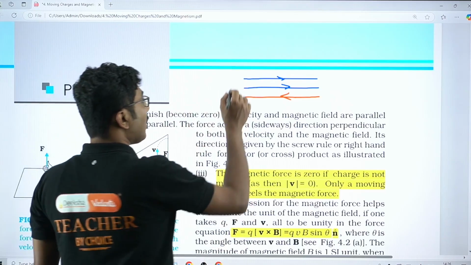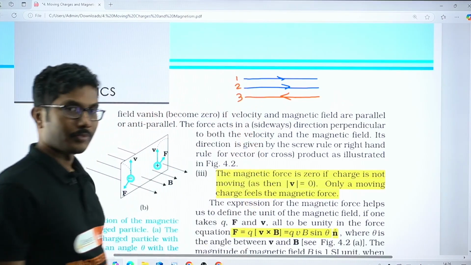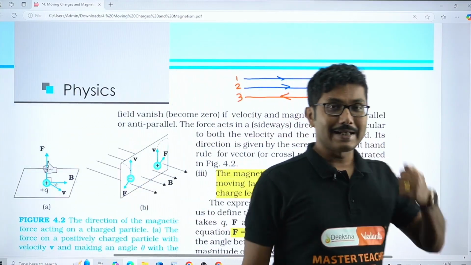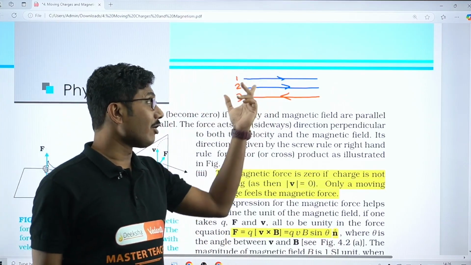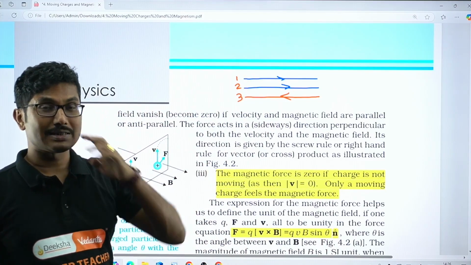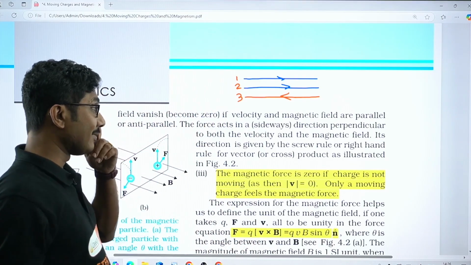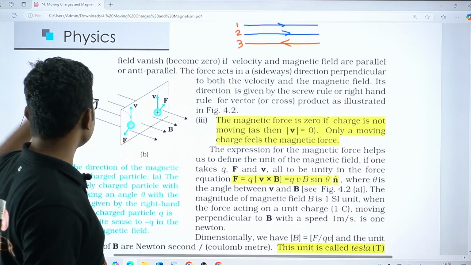Suppose 1 and 2 are parallel, 3 is anti-parallel, right? In this case the angle is either 0 degree or 180 degree. So in both cases sin theta is 0. That's why this magnetic force becomes 0. This is one of the important concepts.